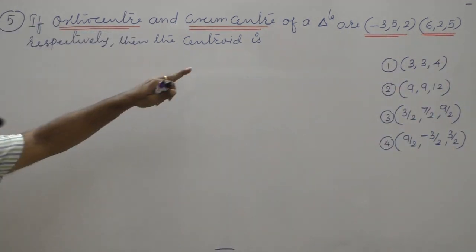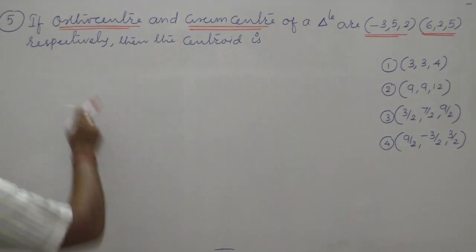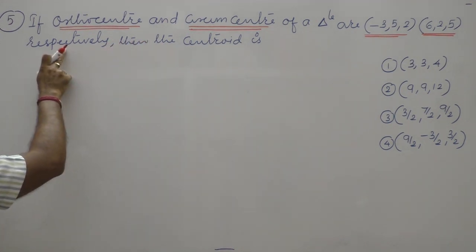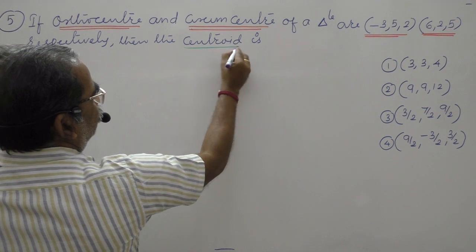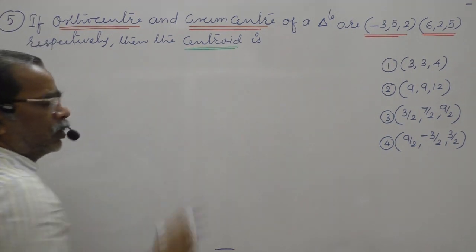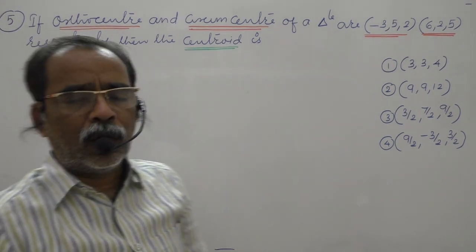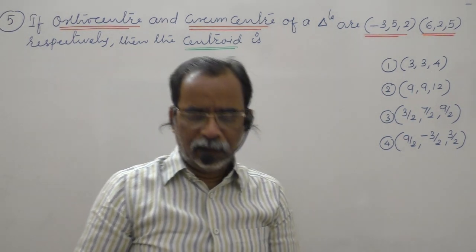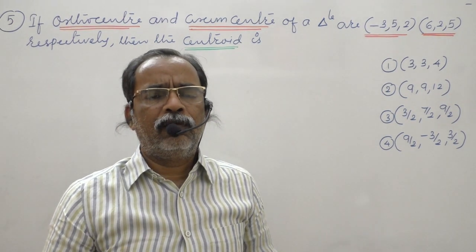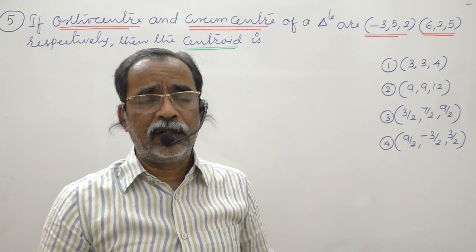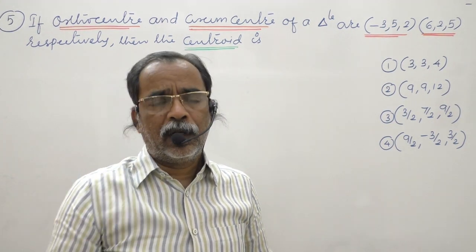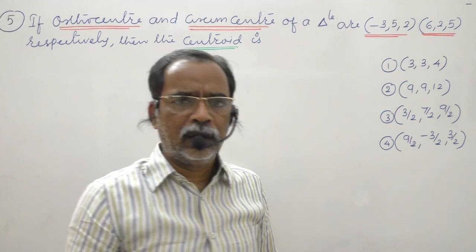He said these are the orthocenter and circumcenter of a triangle respectively. Then what is its centroid? In the coordinate system introduction video, we have seen what the centroid, orthocenter and circumcenter are, their definitions, also properties and relation among these three.